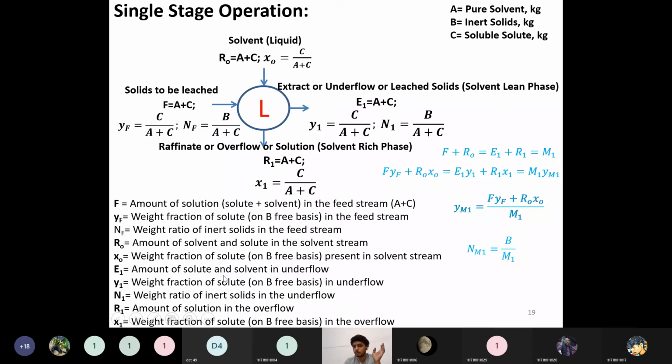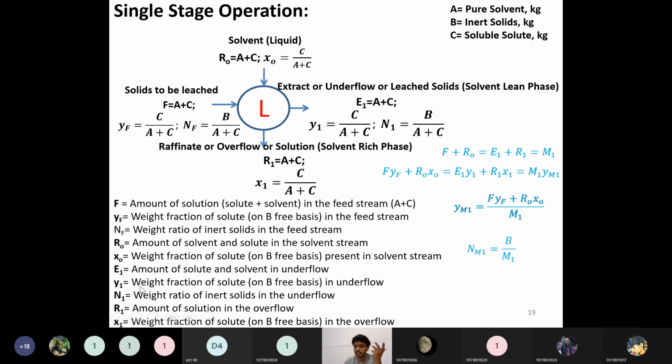E1 is the amount of solution, or solvent plus solute, in the underflow, or leached solids, or inert solid phase, or solvent lean phase. Like that, all of these indicate the same stream.